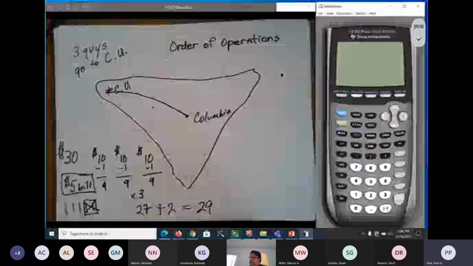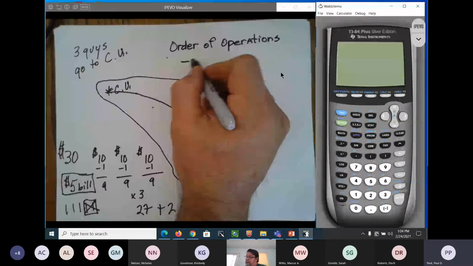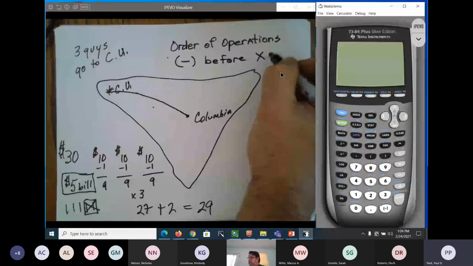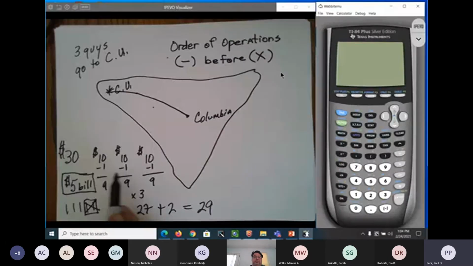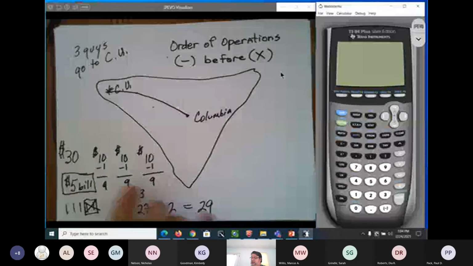You're getting there. I subtracted before I what? Before I multiplied. I subtracted $1 and then I multiplied by 3. You can't do that. You got to multiply and then subtract. You got to multiply 3 times 10, which is 30, and subtract 5.